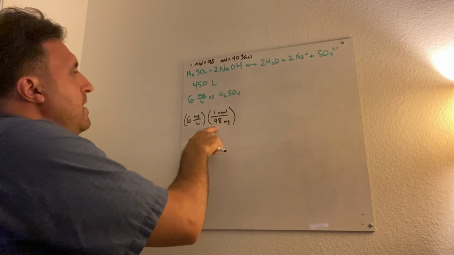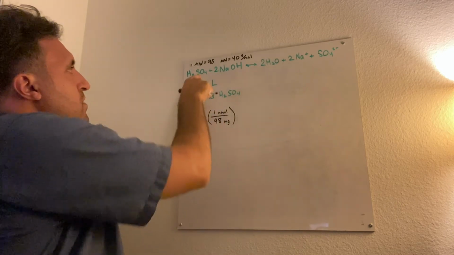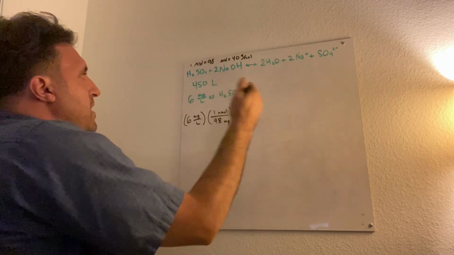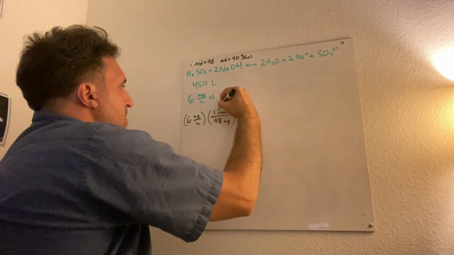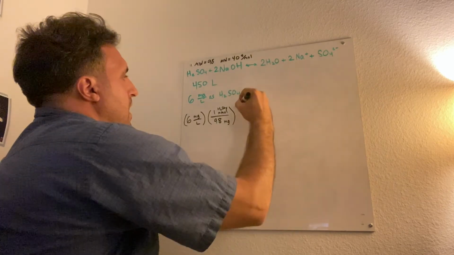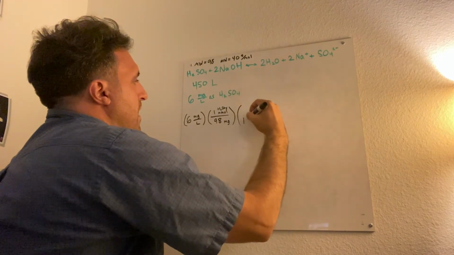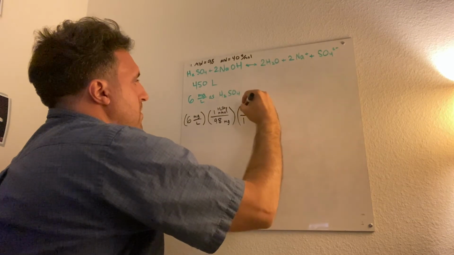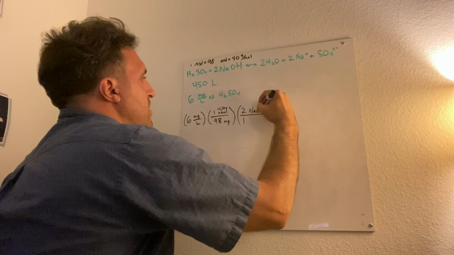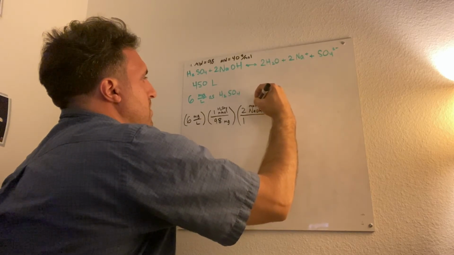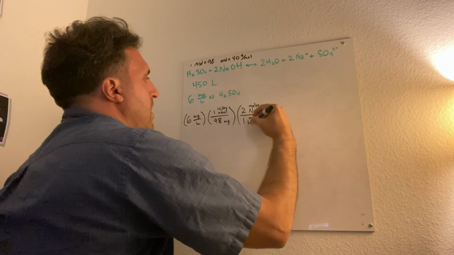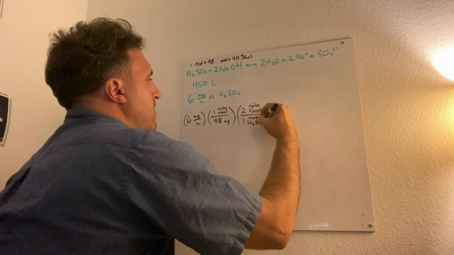Now that we have it in millimoles, we'll use the molar relationship, which is 1 to 2. So this is 1 millimole of H2SO4. And we have a relationship of 1 to 2, like I said. So 2 moles of NaOH to 1 mole of sulfuric acid.